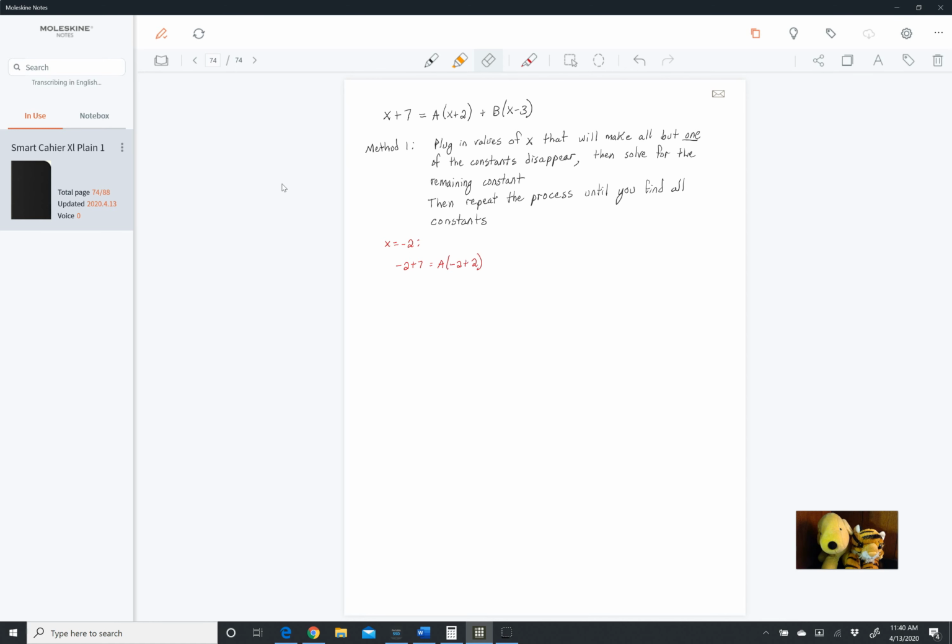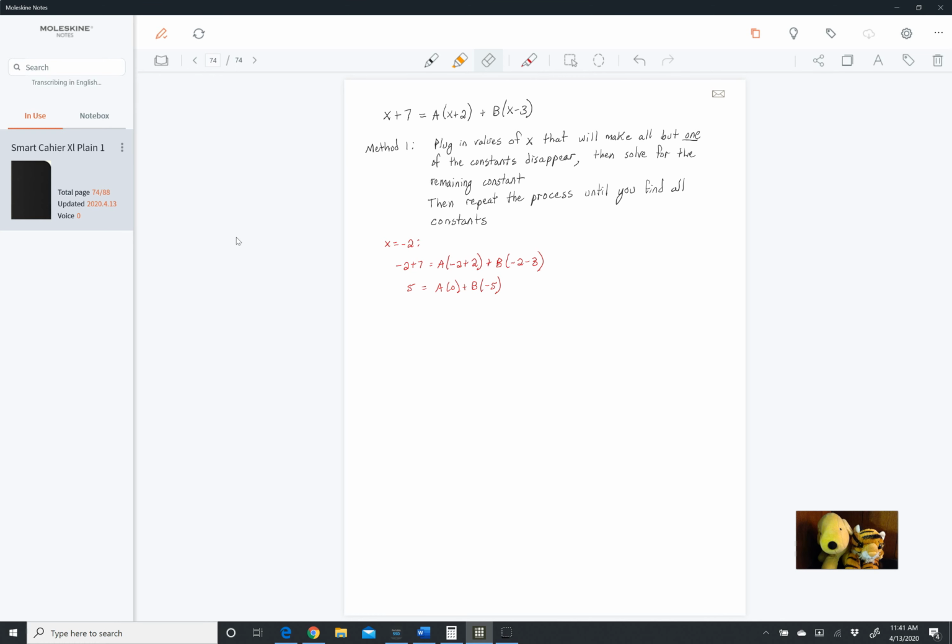I'm putting in all of the different steps so that you can see what's actually happening. Plus b times -2 minus 3. We get +5 here. Then we get a times 0 plus b times -5.